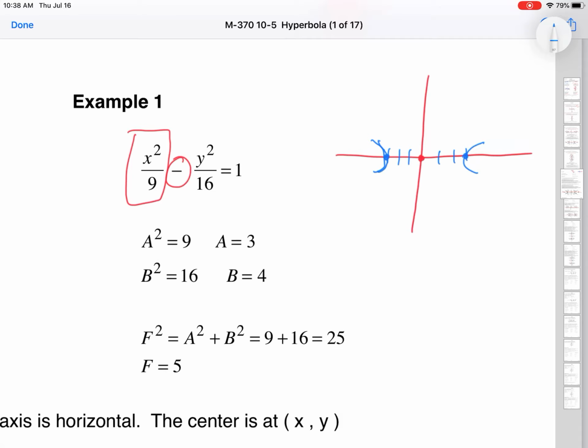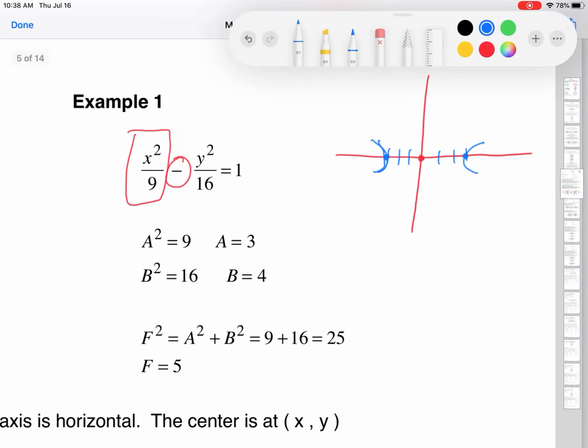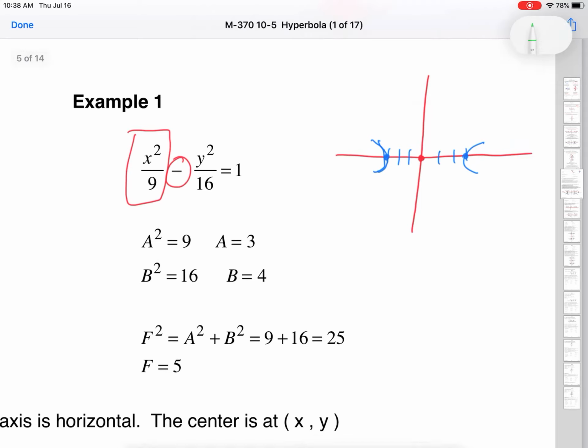Now, what are some other things that we can do? Well, we can identify A and B. So remember what he said. You can get the asymptotes, so let me do the asymptotes in green. You can get the asymptotes by going to A, B, right? So 3, 4, and putting a dot.